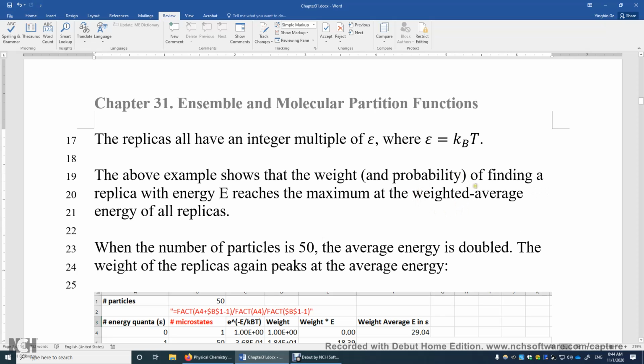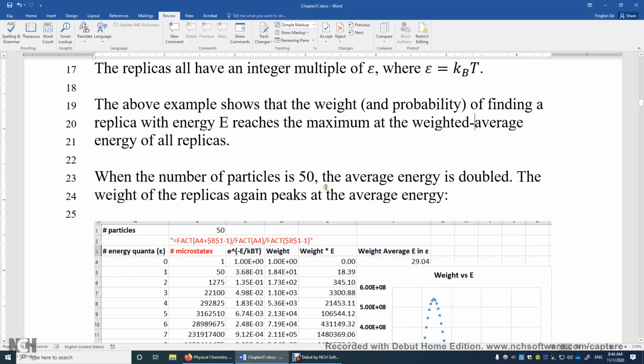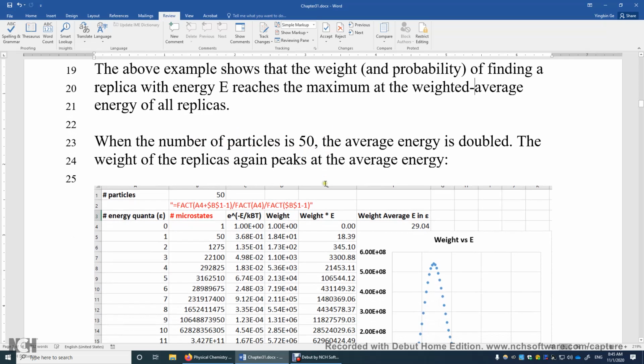The weight contains two factors. One, the Boltzmann distribution regarding the total energy of a replica, and 2, the number of microstates inside this replica. When the number of particles is 50, we can use the same Excel spreadsheet to calculate the weight.